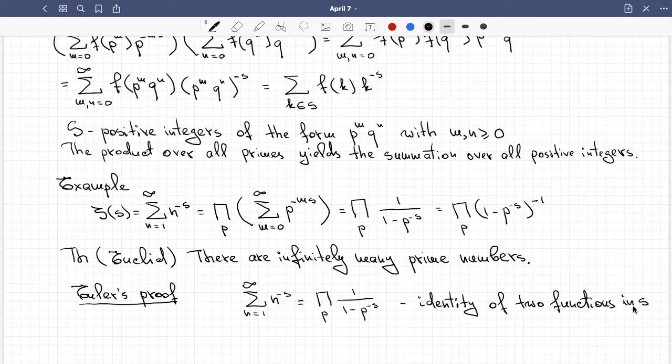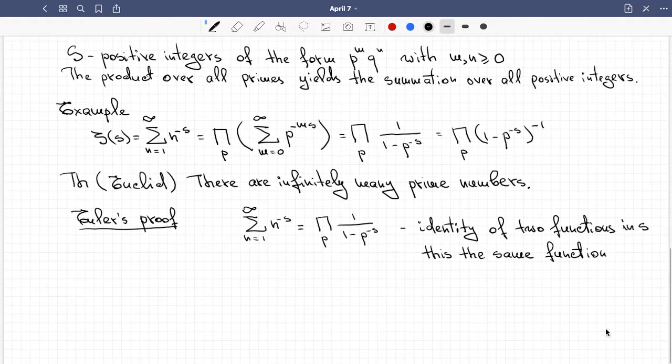Now let us look at the domain of this function. So identity of two functions in s means, in other words, this is the same function. Now let us consider the following question.